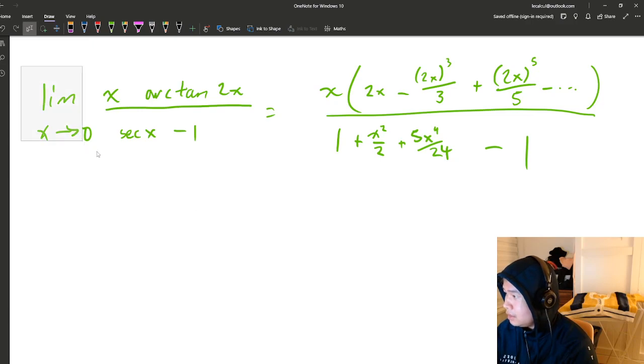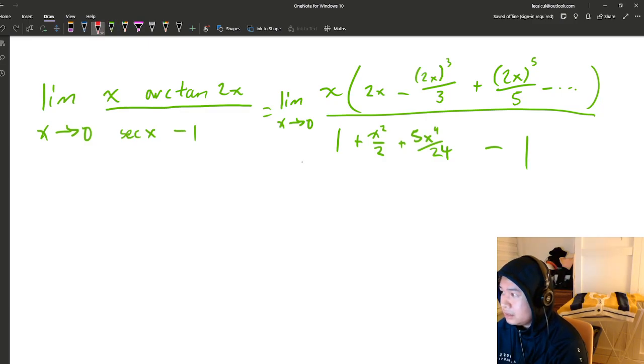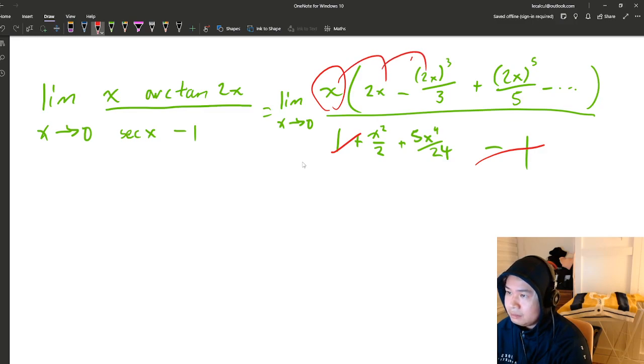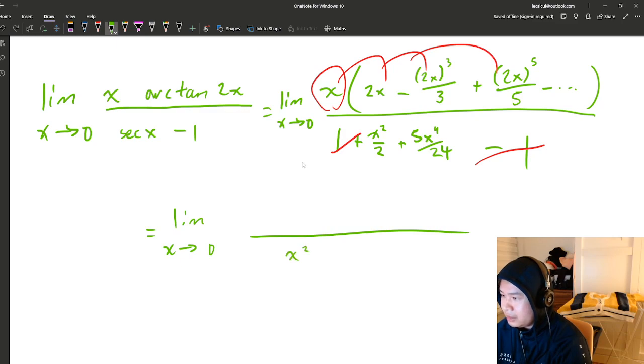And then my calculus teacher always harped on me for always making sure the limit is with every part of every side of the equal sign you use. Okay, this looks straightforward. So this one will cancel out with that one. This x multiplies in. So you're going to get the limit as x goes to 0 of x squared over 2 plus the rest of this.